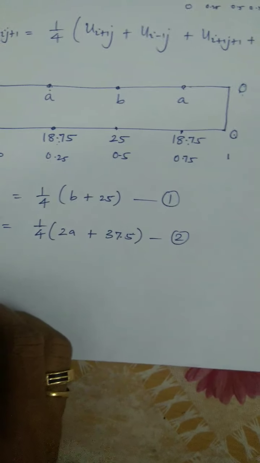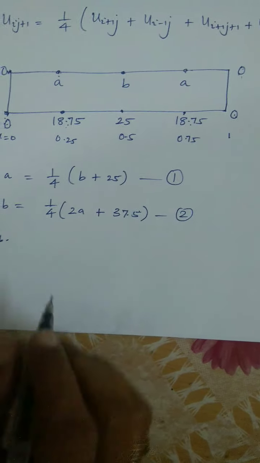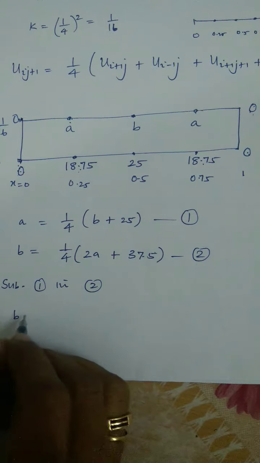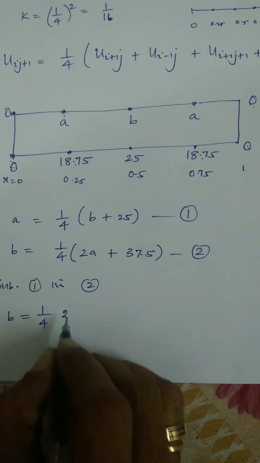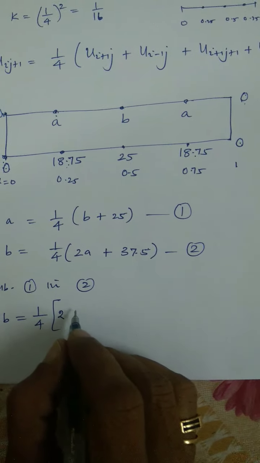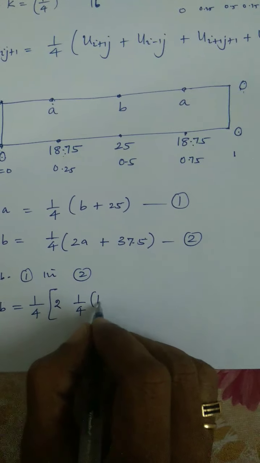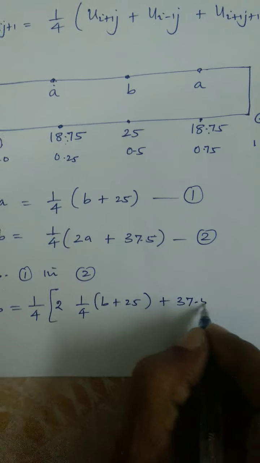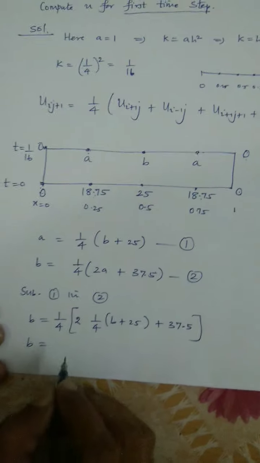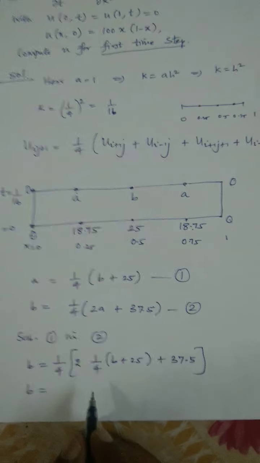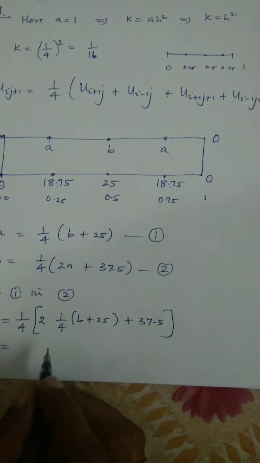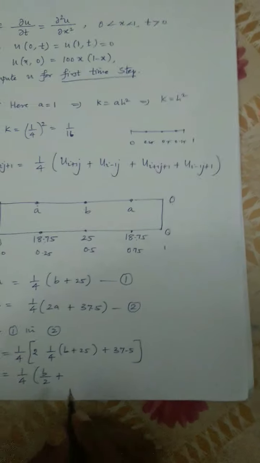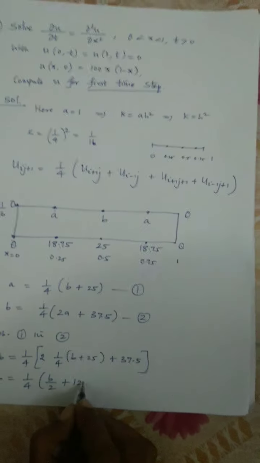Equation 1 and 2. Now substitute equation 1 in equation 2. So B equals 1/4 of 2 times A, that is 1/4 of (B plus 25 plus 37.5). On simplification, B equals 1/4 of B divided by 2 plus 12.5.